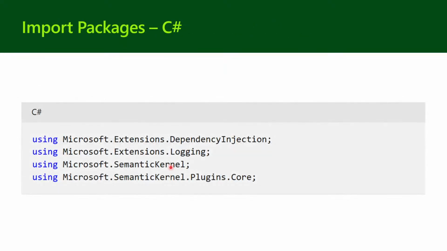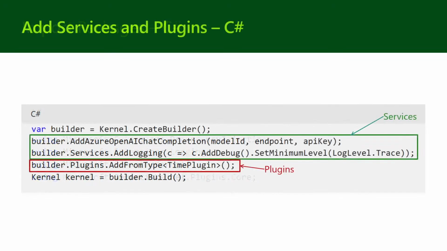So how am I going to do that? First of all, I need to import the packages. Then I need to add these services. Builder, add Azure OpenAI chat completion, with the model ID, endpoint, and then logging, and then plugins. I already explained this.